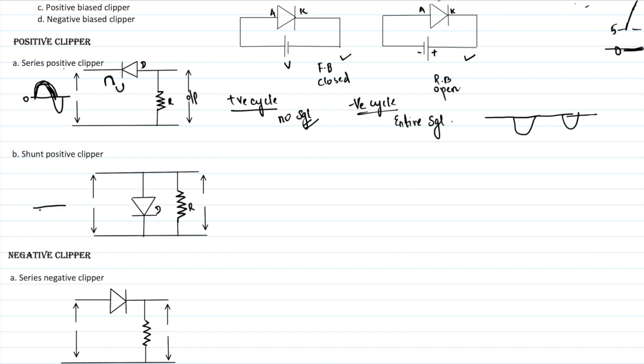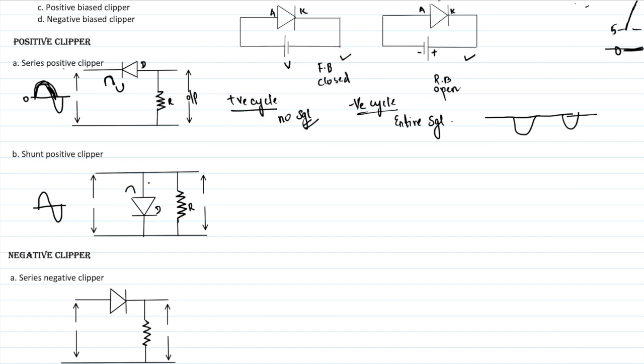Similarly, if you have a sine wave as an input, how will you get the output? Here also first let's consider the positive cycle. Here positive cycle is connected to anode. This is the first case, positive signal is connected to the anode, so that means the diode is closed. Whatever positive signal is given, the current will flow across this diode and we will not get any output in the resistor.